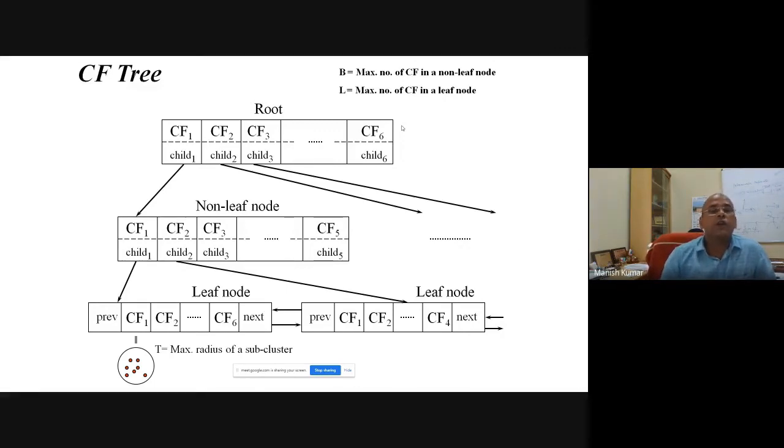CF1 has child one, and this child again has another child, with a different set of clustering features. Then each child has another branch, and certain branches have siblings as well. At last, if this is a leaf, then these points will fall in that particular cluster.